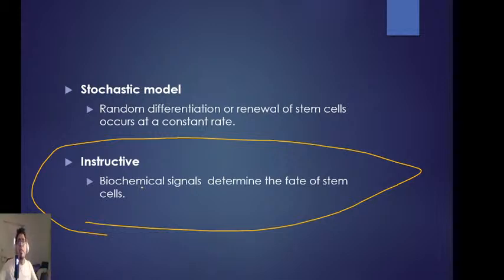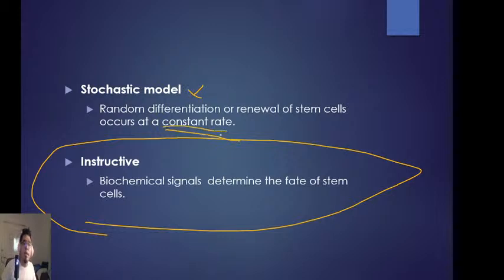It just so happens that one stem cell in the bone marrow says, I want to be a granulocyte sometime, right? Randomly. And the other one says, I want to be a lymphocyte sometime. I want to have my kids to be lymphocytes. Parang ganon. And it occurs at a constant rate. And this one has a lot of problems. When does it stop? Because again, it's constant.